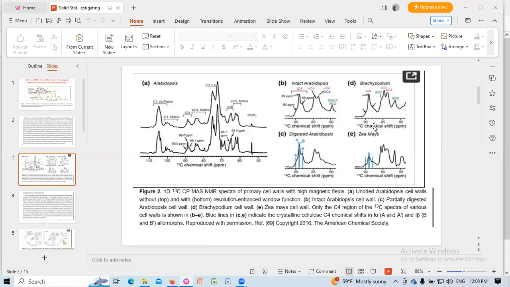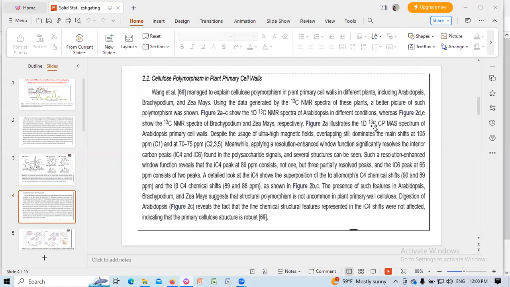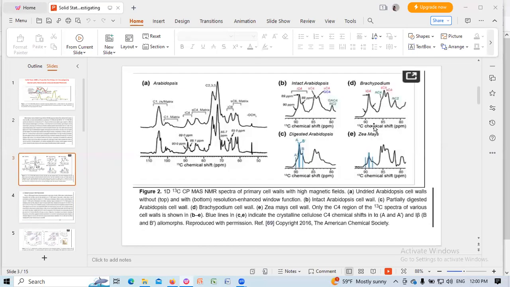Cellulose polymorphism in plant primary cellulose: C1 at 105 ppm, C2, C3, C5 at 70 to 75 ppm, C4 at 89 ppm, C6 at 65 ppm.